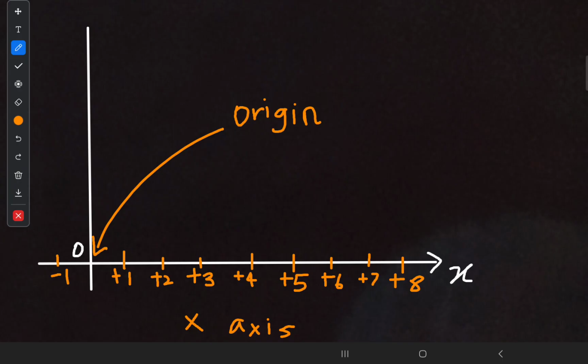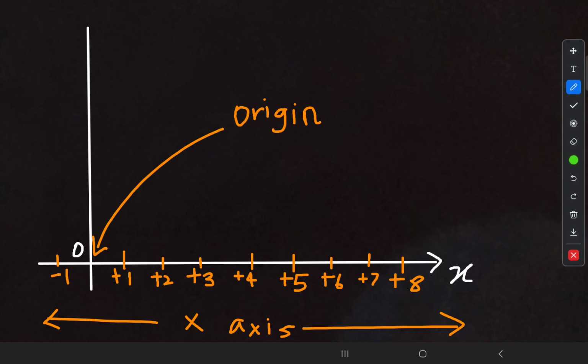When we do some questions, I'll explain those in detail. What we did here is draw the horizontal number line, called the x-axis. Similarly, we have a vertical number line, called the y-axis.